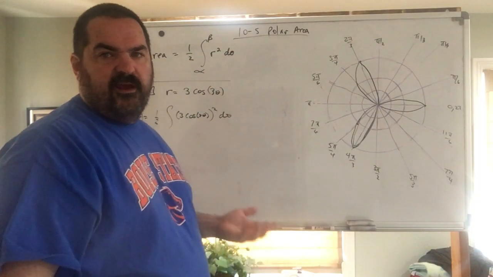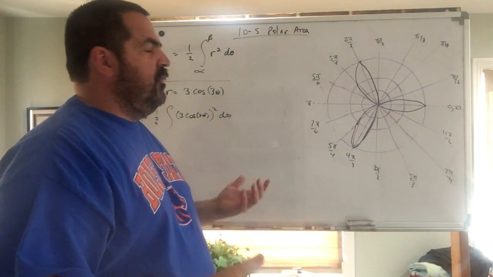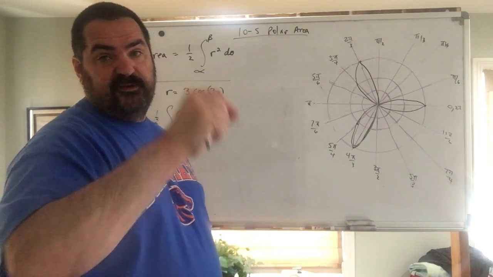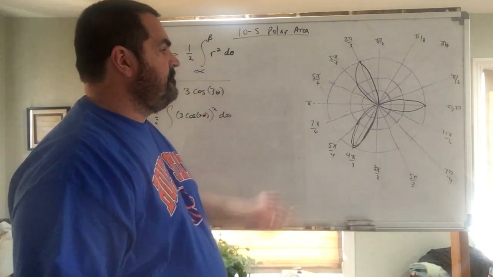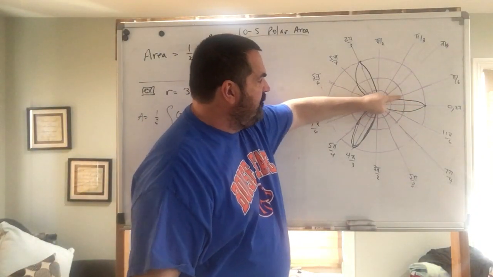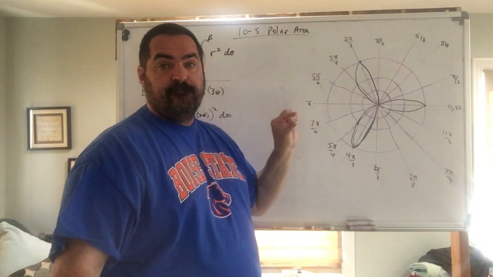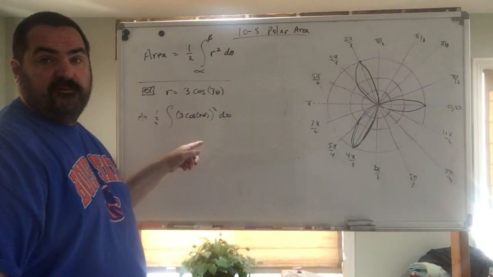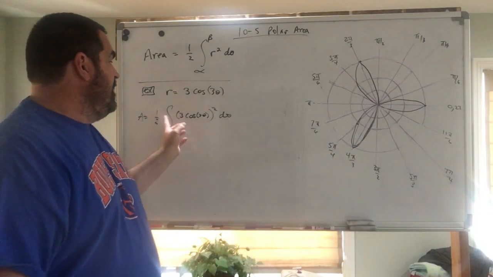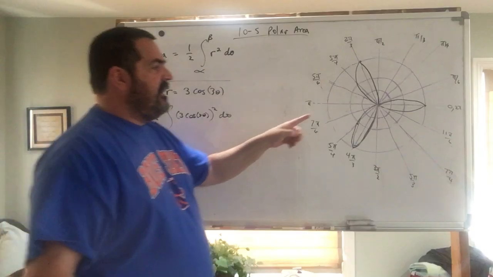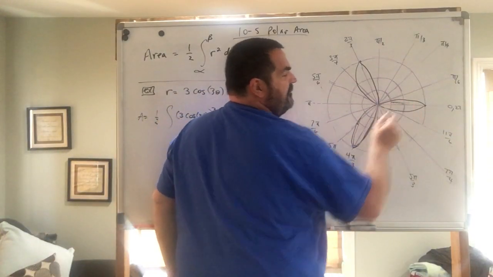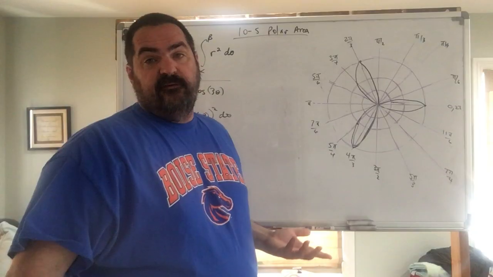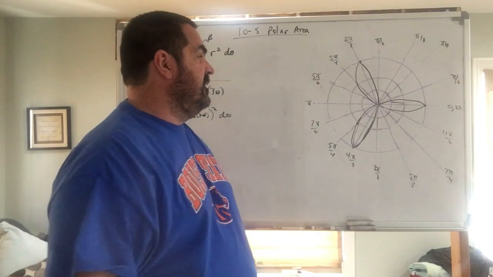So if I want to find the area of a loop, what is the integral? Well, it turns out every loop is formed by 60 degrees. So for example, 0 to 30 is that first half. Okay. So if I took an integral from 0 to 30, so 0 to pi over 6, and punched this in the formula, I would actually get this little half area. So technically I could just double that and I'd have the area of a leaf. That's one technique I could do.